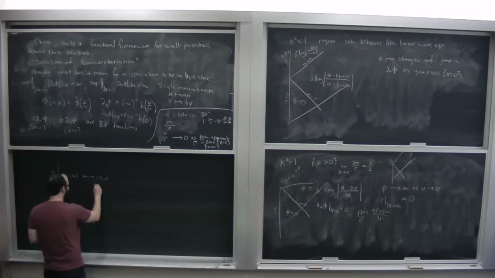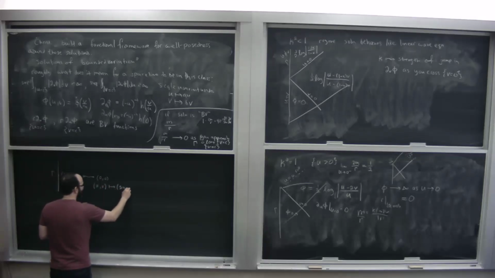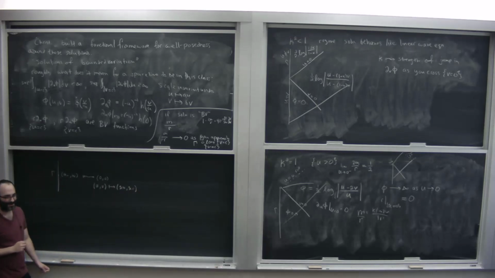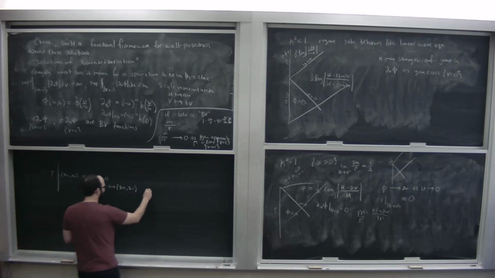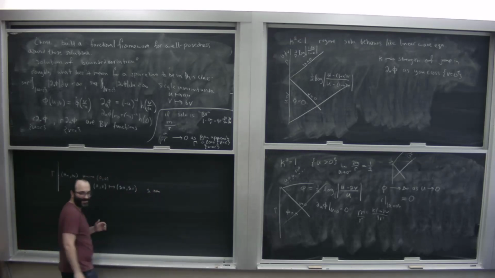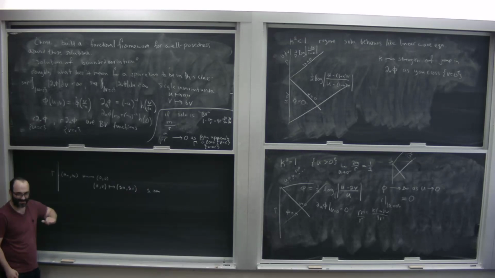So you can then look at (u, v) going to λ(u, v), and the question is whether λ is going to infinity or to 0. So for λ going to infinity, you can do a sequence of rescalings like this to any solution that comes from this theory.